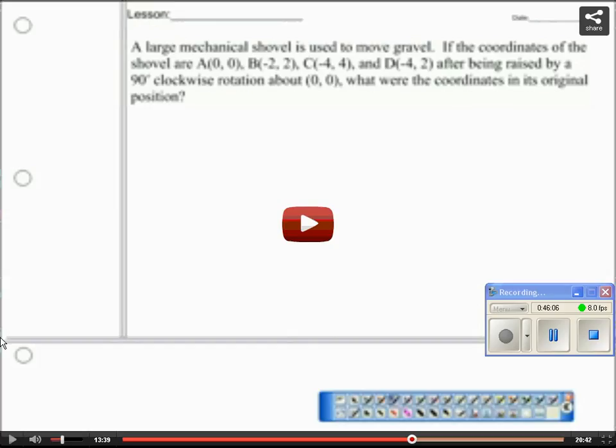C. Flip them around. What's that say? I can't remember. Negative 4, is that what it says? Yeah. So we flip it around, and it's 4, negative 4, but what do you do to the second one? Opposite, so it's a positive. D. Negative 4, 2, we flip them around.